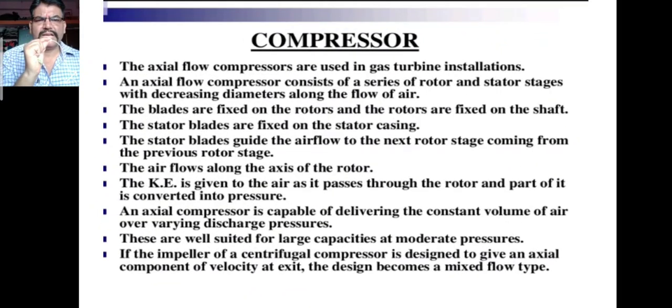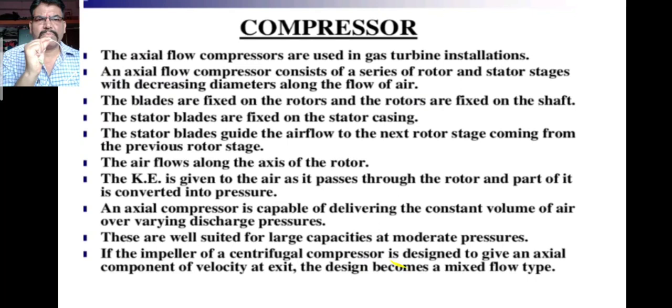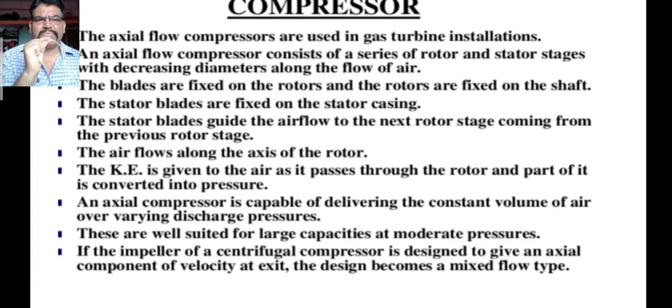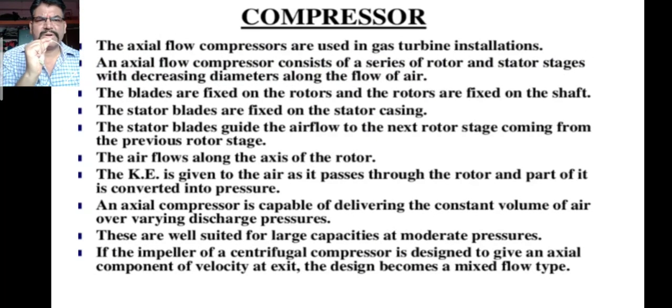So the compressor, again some information about the compressor. Axial flow compressors are used for the gas turbine installation. An axial flow compressor consists of a series of rotor and stator stages with decreasing diameter along the flow of air. The blades are fixed on the rotor and the rotors are fixed on the shaft.